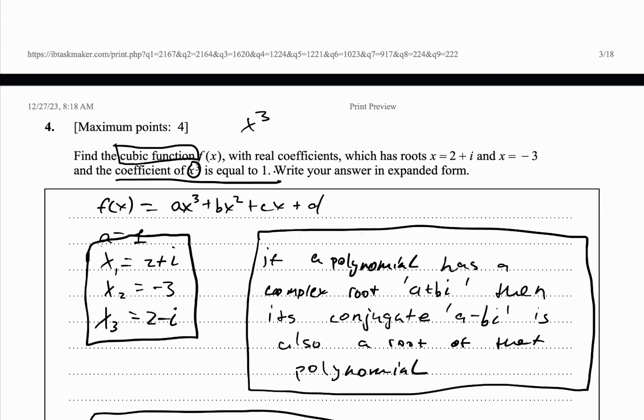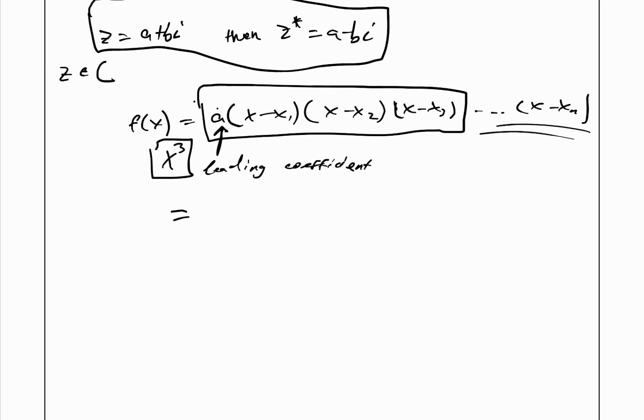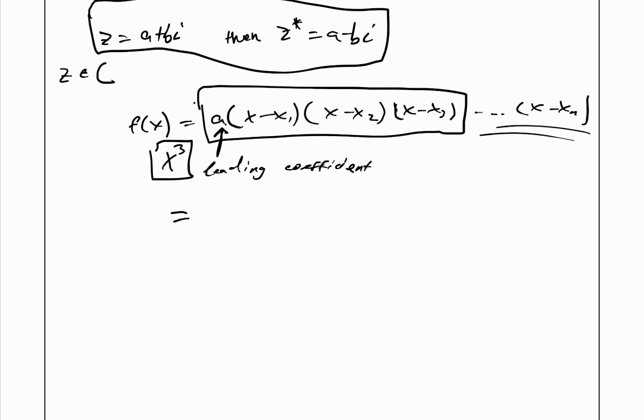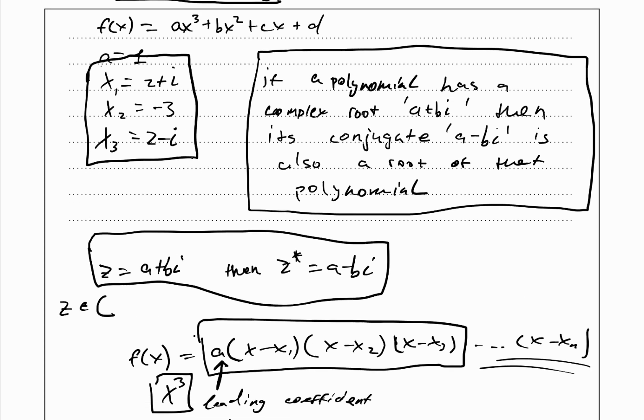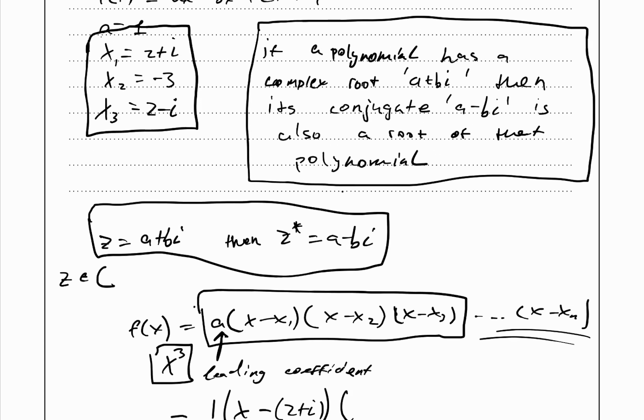In this case, the leading coefficient is equal to 1. So whenever you write it, make sure you write the leading coefficient, which must always be outside of the brackets, being multiplied. So we can write 1 times x minus x1, which is 2 plus i. We have to write this in brackets, by the way, because we're subtracting the whole thing.